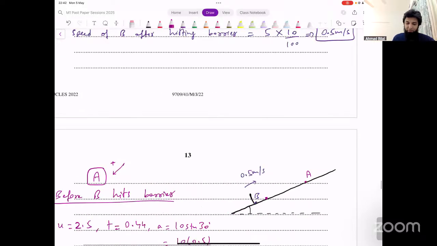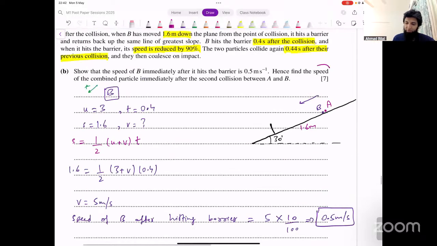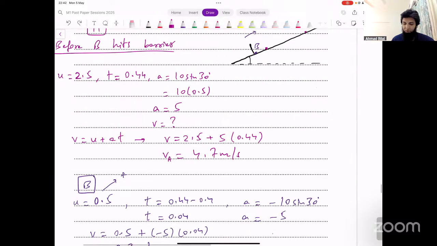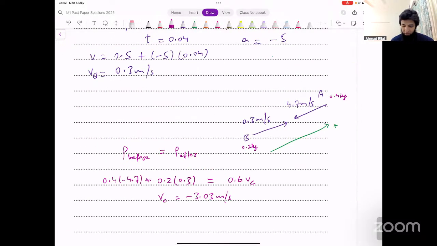They've just asked for the speed, right? Speed cannot be negative. You would write the final answer as positive. You would say the speed of the combined particle, therefore, is 3.03 meters per second. Okay, and that's your final answer. That's what you wanted to find out. Is that okay? Any issues with this?